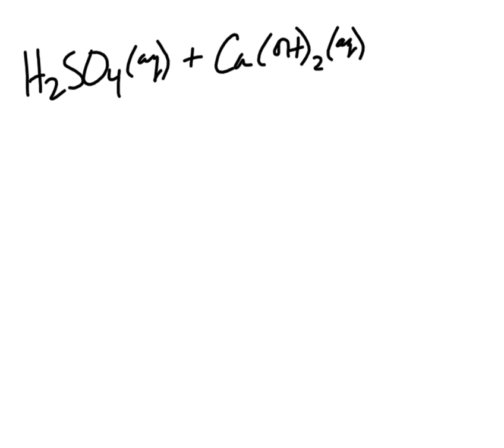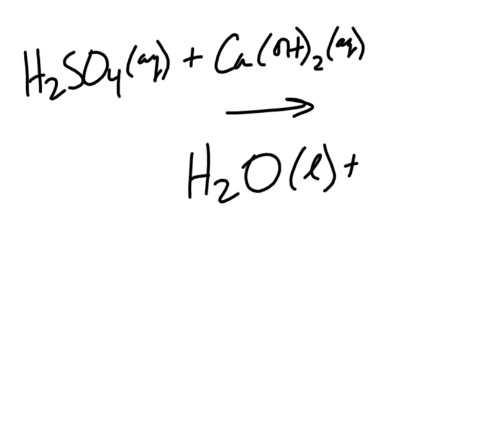Look at our rules. And that is going to form water, which is a liquid, plus, you've got to think, when I get rid of my hydroxide and get rid of my hydrogen, I'm going to end up with calcium sulfate, which would be CaSO4, and in this case, calcium sulfate would be a solid.